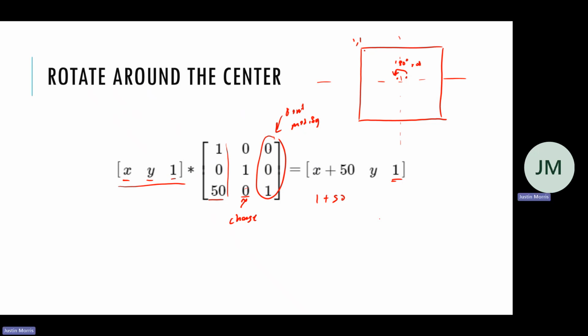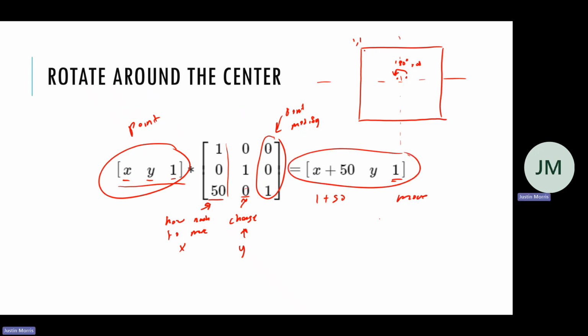Does this matrix make sense for how to move a point relatively? Like all I have to do is, this is how much to move X. This is for Y. Everything else in the matrix just stays the same. And then this is my point. This is my moved point.